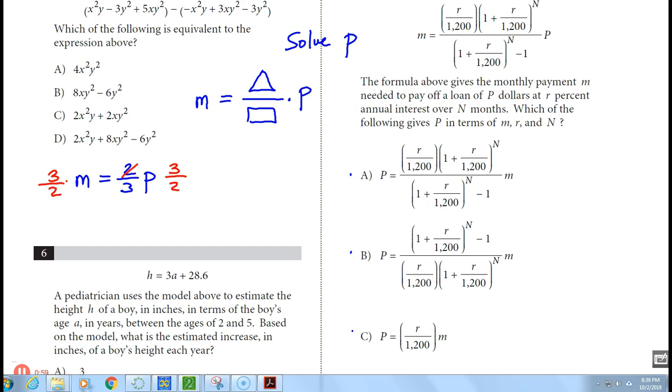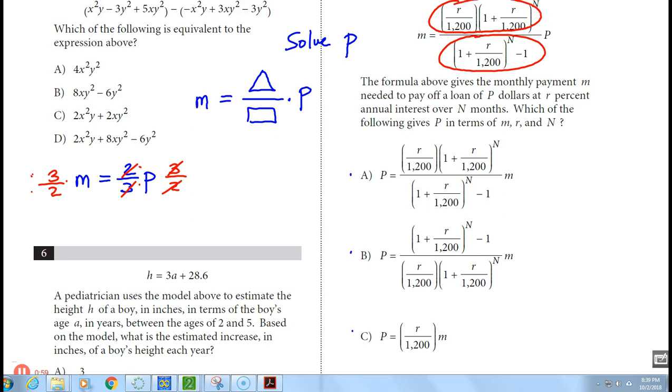And basically that cancels out so that I end up with P. And notice what happened. On this side, you just have the flip of what started over here. So that's all you're going to do on this one. If I multiply by the reciprocal, I'm just going to end up with P, and then everything on bottom is going to jump up top, and everything that was on top is going to jump down on the bottom.